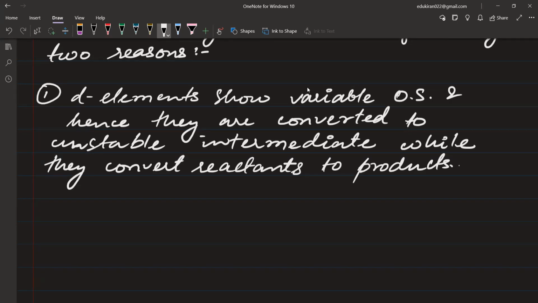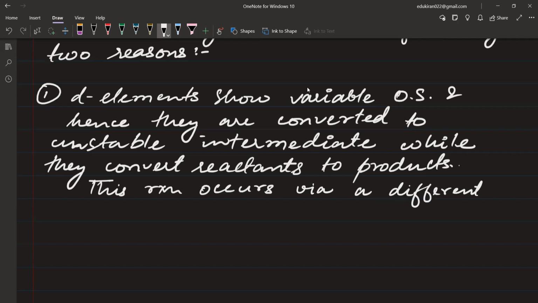So while they convert reactant to product, this reaction occurs via a different path. That means the mechanism completely changes.